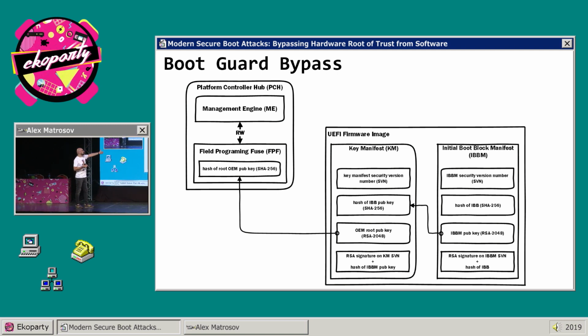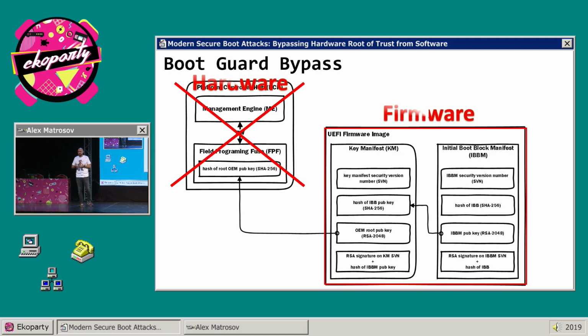But we also have a lot of components that rely on the firmware only: the key manifest and the initial boot block manifest are present only in the firmware. And if we don't need the hardware part, as in the recovery mode spoken about before, we have only the firmware side, and all of this can be modified to present a correct boot for malicious or modified components.